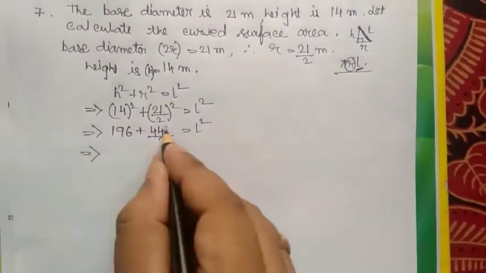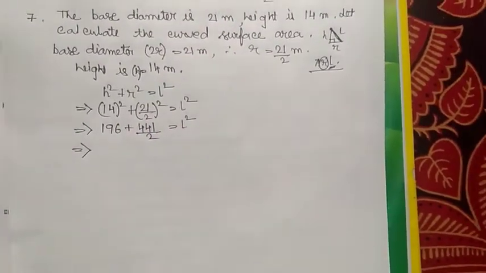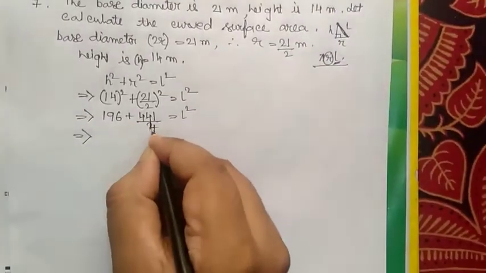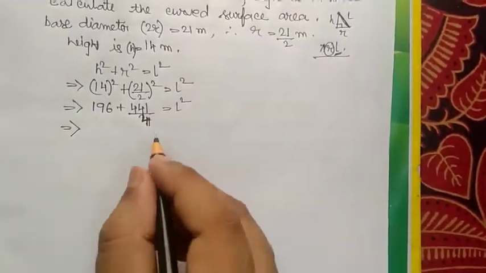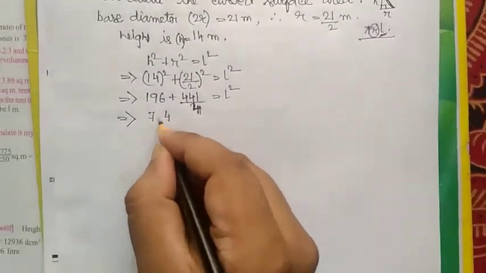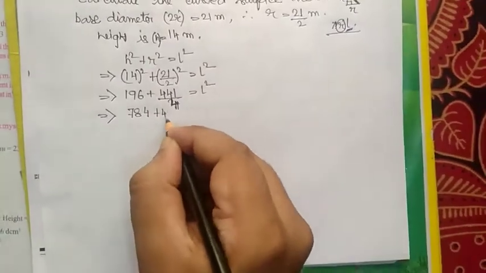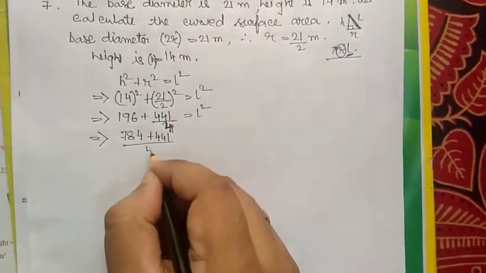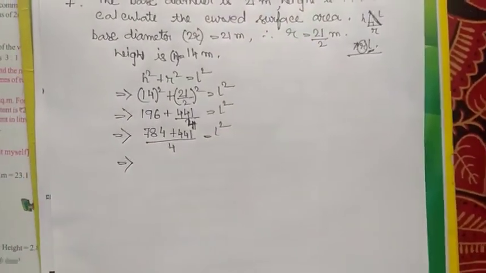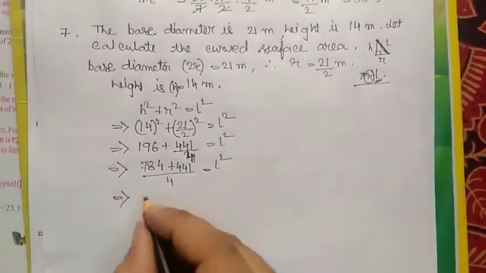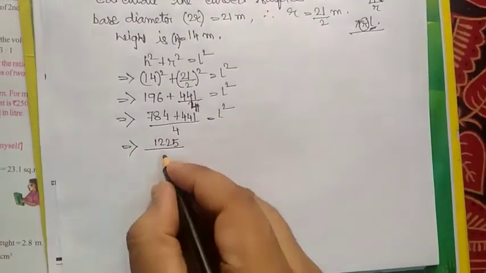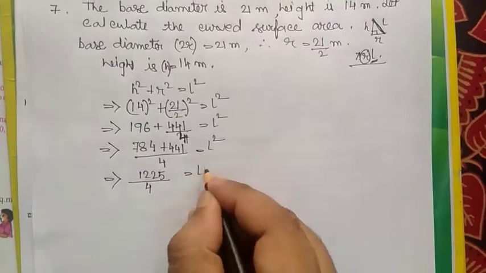Now we have to add these two quantities. So the quantity should be 196 into 4, which means 784, plus 441 by 4 equals L square. Therefore 784 plus 441 means 1225 by 4 equal to L square.